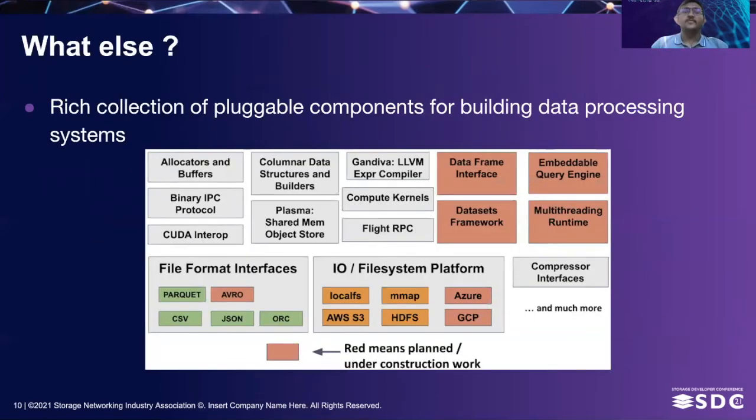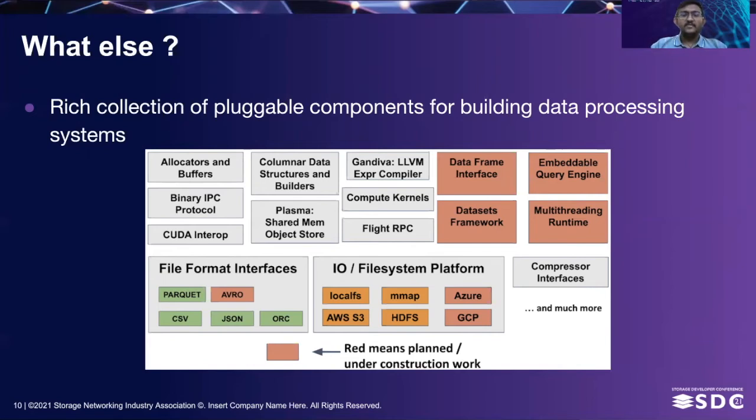What else is Apache Arrow? Besides being a highly efficient in-memory data format, it is also a rich collection of pluggable components that can be used for building big data processing systems. Apache Arrow is aiming to build a data processing framework where different APIs can be plugged in or glued to build a data processing system.